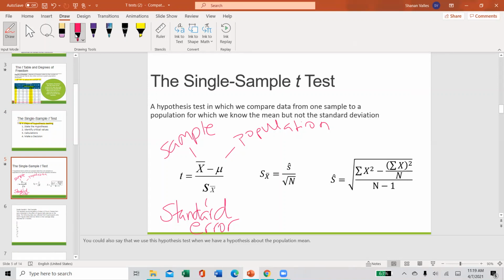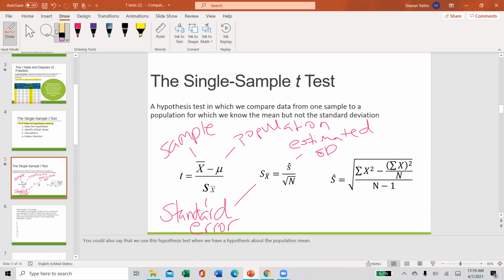That's the symbol for standard error. We calculate standard error by looking at our estimated standard deviation, and we're going to divide it by the square root of our n right there.